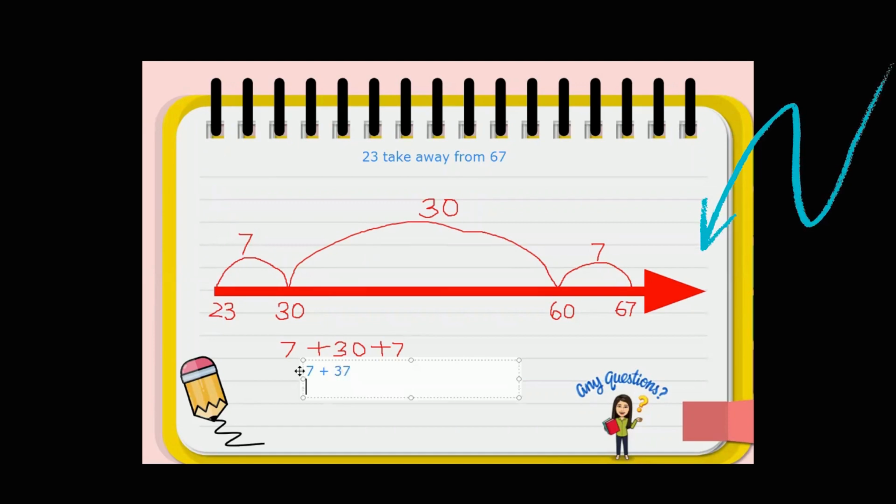Next, you can count forwards. 37, 38, 39, 40, 41, 42, 43, 44. So it's 44. All the numbers on the top when added together get 44. So we can say when 23 is taken away from 67, we get 44. 67 minus 23 will equal 44.